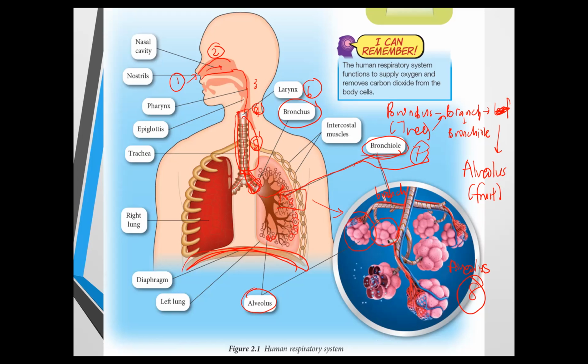Not yet, teacher. The most important thing I want you to do here is label them.